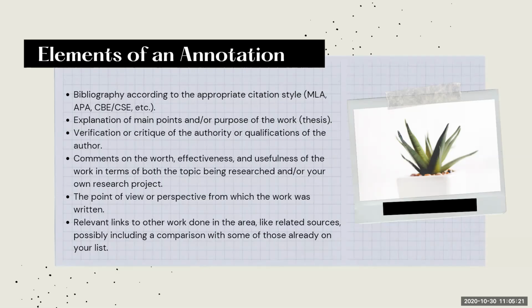Or likewise, if they contradict one another, why do they contradict one another, and why did you choose two sources that contradict one another? So that might be helpful if you're writing a compare and contrast essay, and you have to put together an annotated bibliography for that. That would be something that you would need to acknowledge.